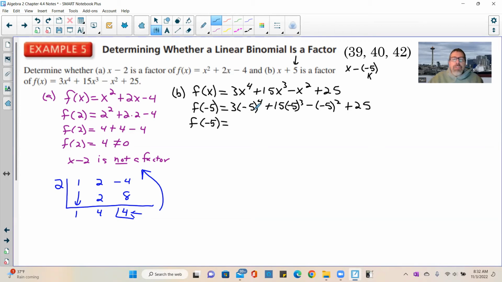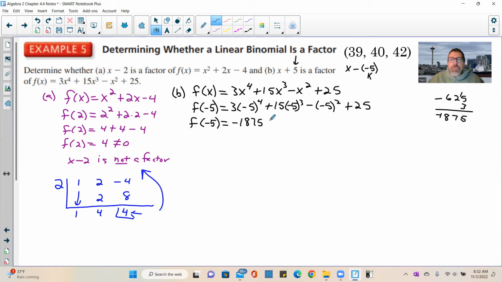Okay, so substitute that in, simplify. 5 times 5 is 25, times 5 is 125, times 5 is 625. And I need to multiply that by 3. That gives 1,875.